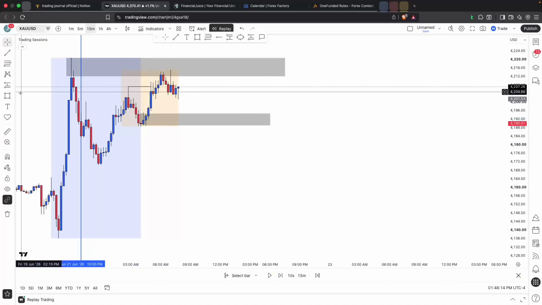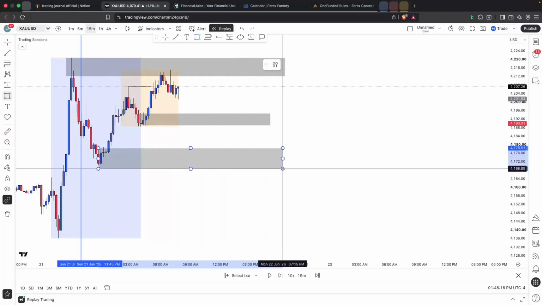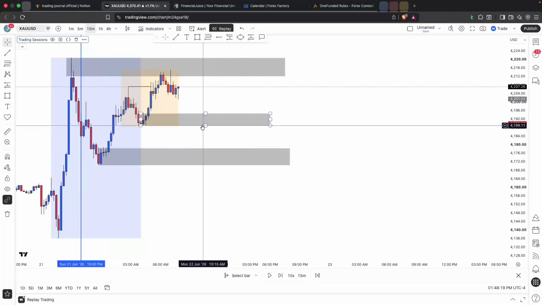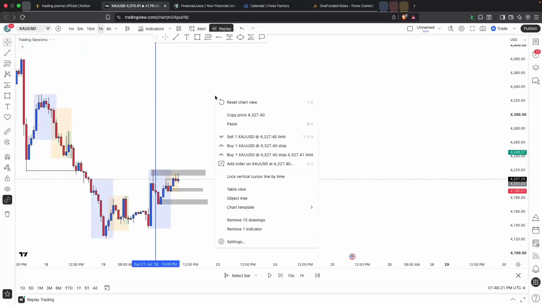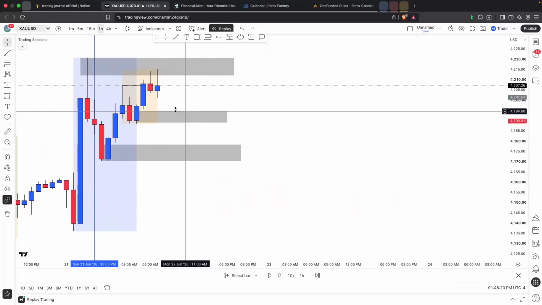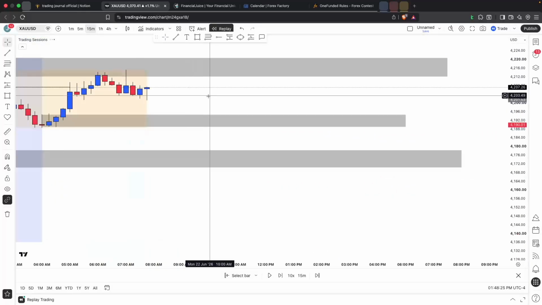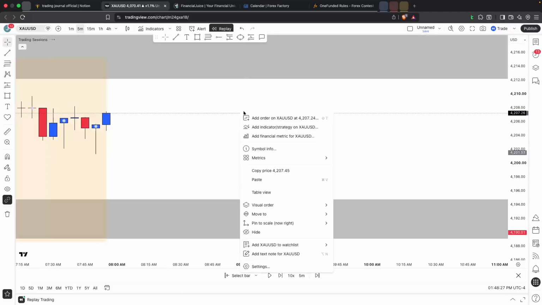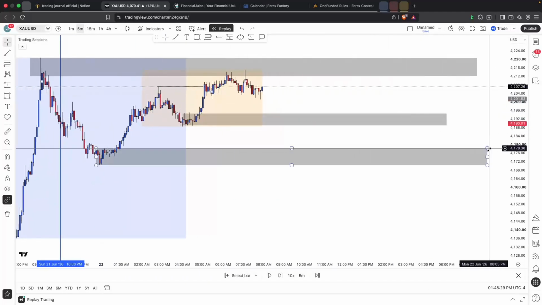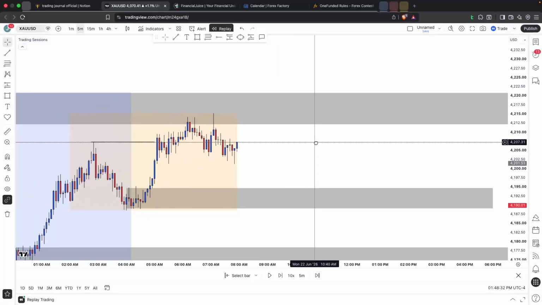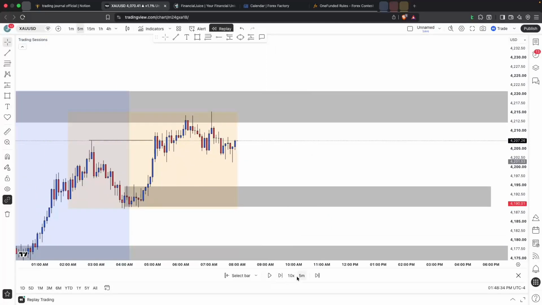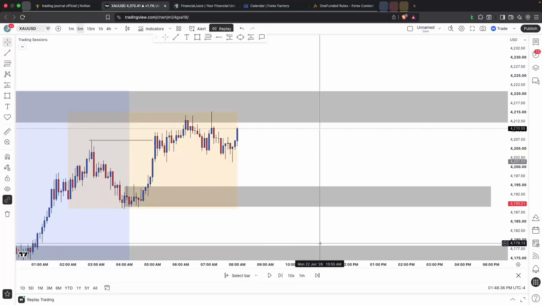Like right here. Right here. But yeah, so I mean we see price tap into this area and goes lower. I'm not really too sure what we're gonna see here. Let's see this play out.